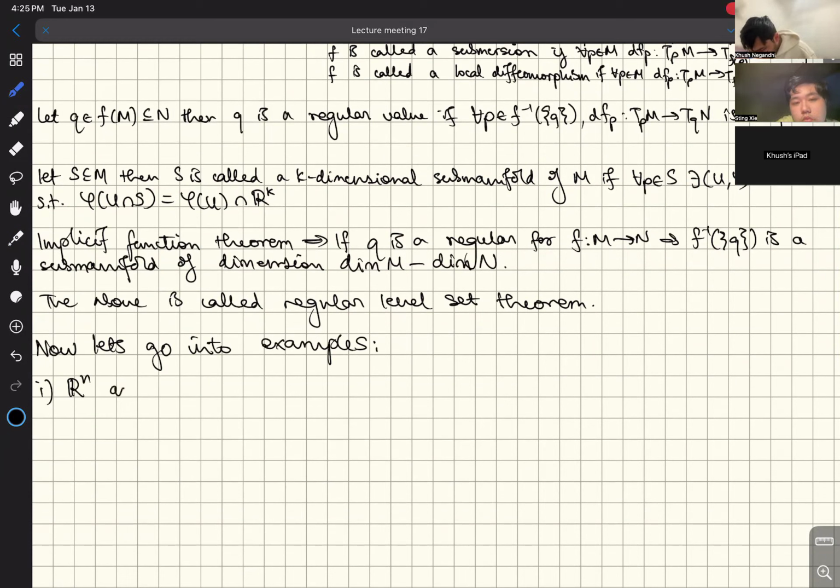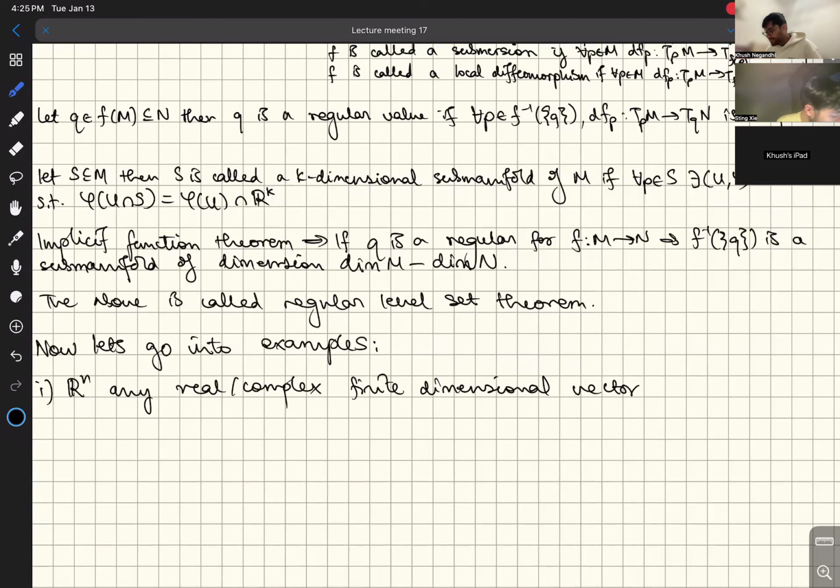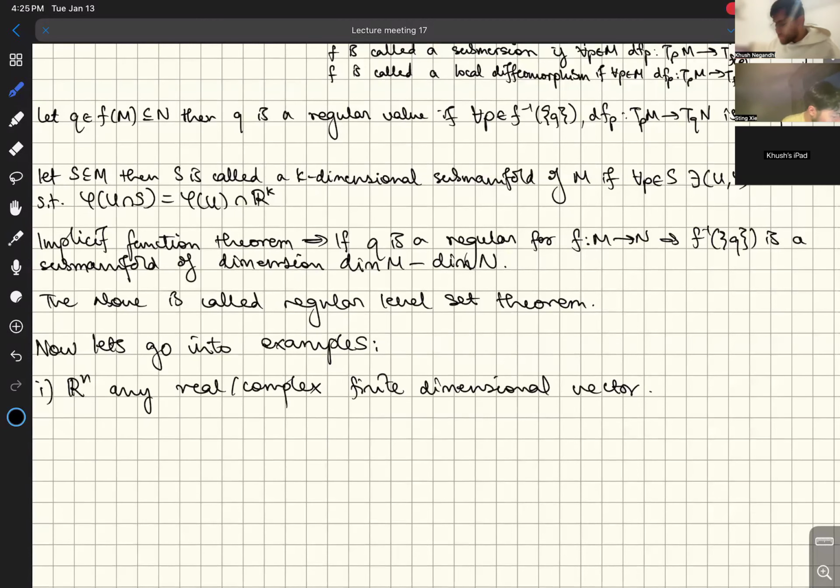Along with R^n, any real or complex finite dimensional vector space can be made into a manifold. And the idea is really simple.